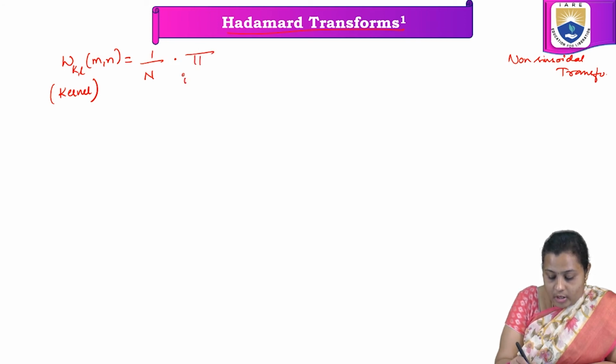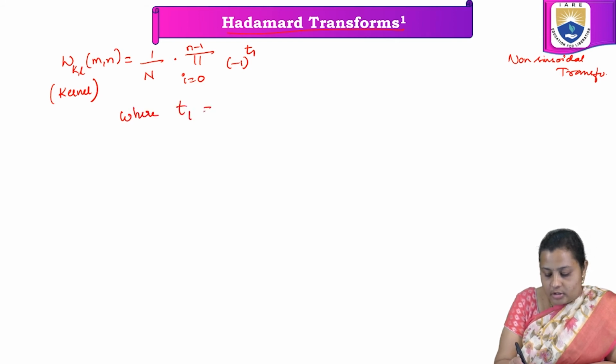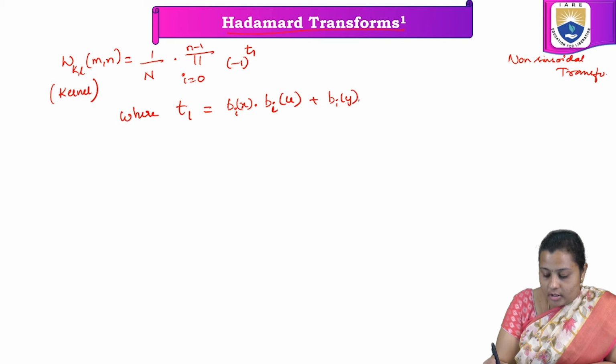product over i equal to 0 to n minus 1 of minus 1 power t1, where t1 is equal to bi of x into bi of u plus bi of y into bi of v.